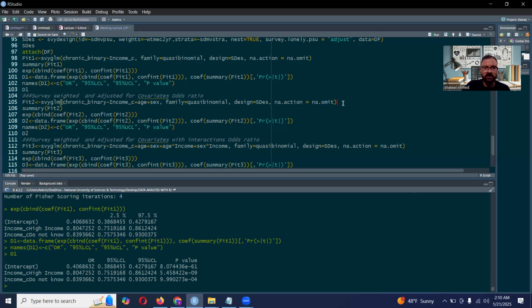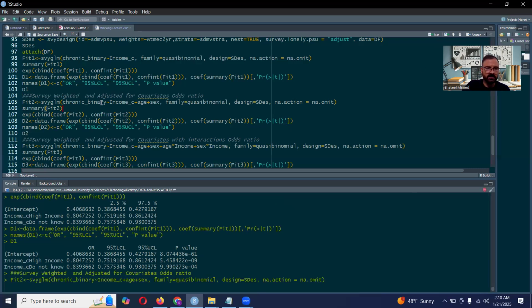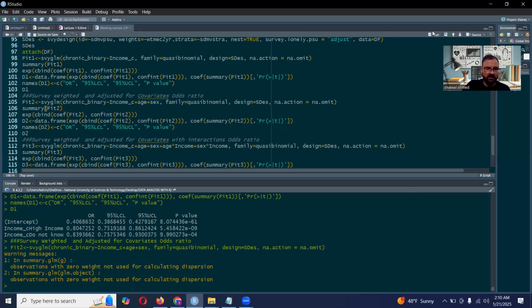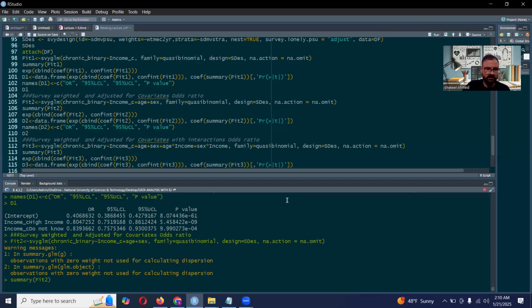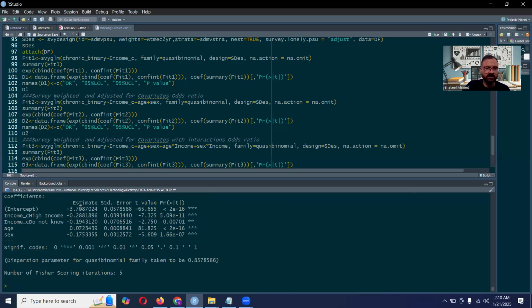So I'm just including income and age as covariates, and we can see the summary. And you can compare the two odds ratios, how the odds ratio is changing.